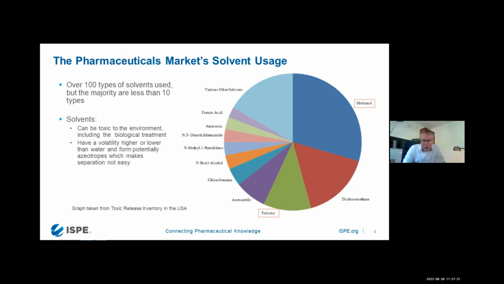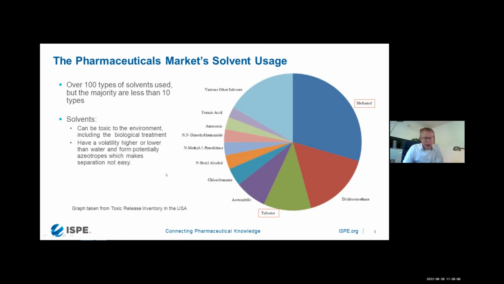What is not listed here is acetone and ethanol, because the solvents in this graph are regarded as toxic when released to the environment, and acetone and ethanol are not categorized as that. You see the majority is indeed the well-known substances, as you pointed out as well, but there are also quite a number of more exotic solvents like NMP, DMF, etc.